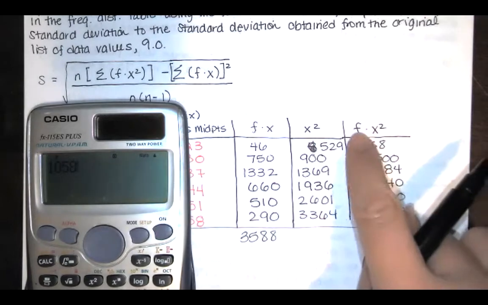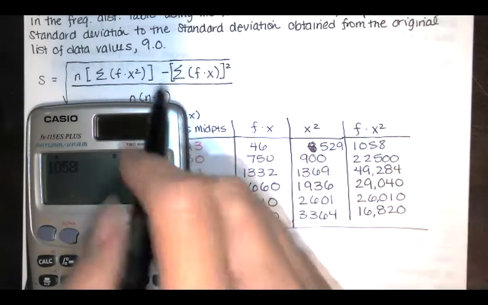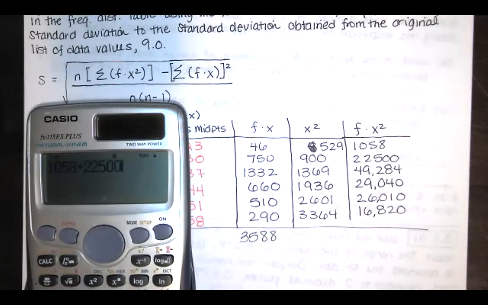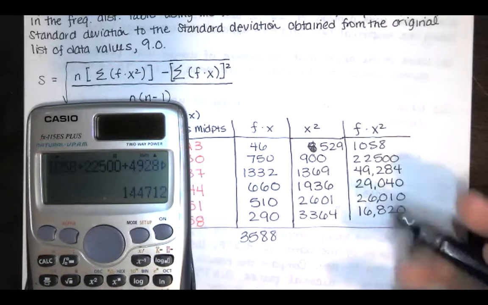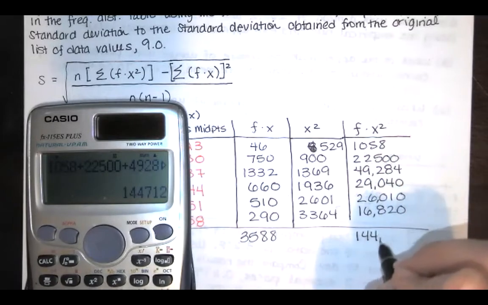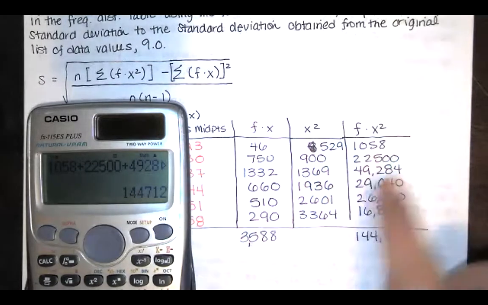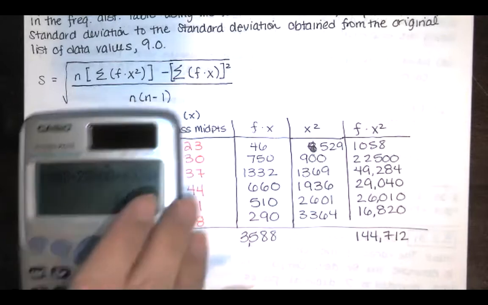So now I'm going to add up the frequencies times x squared because I need the sum of those for right here. Okay, so I've got the sum of these and the sum of these.